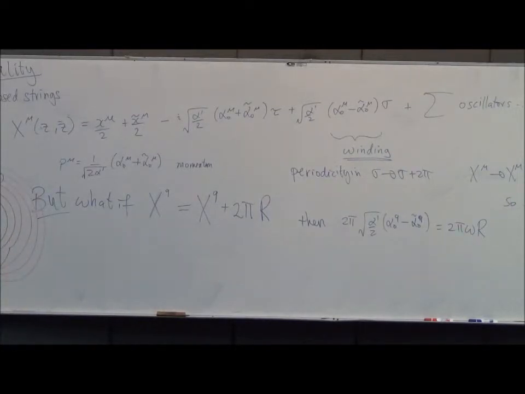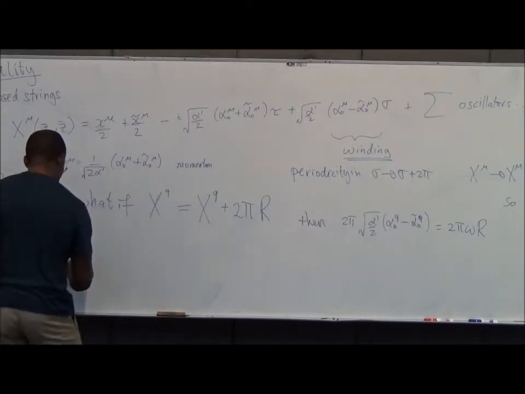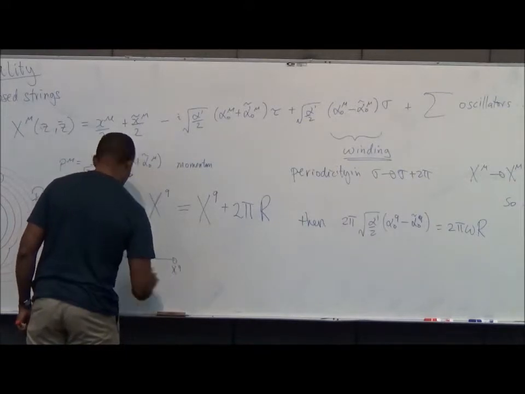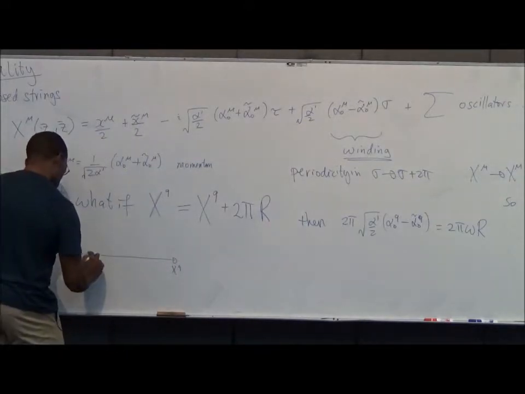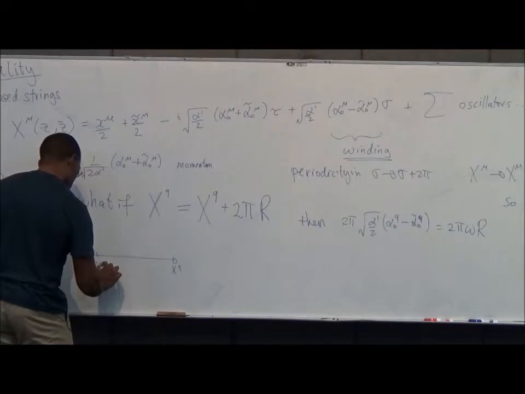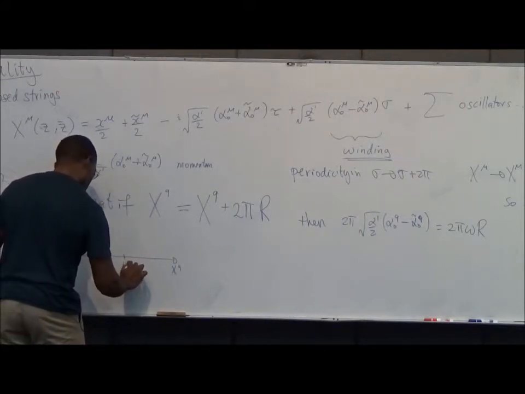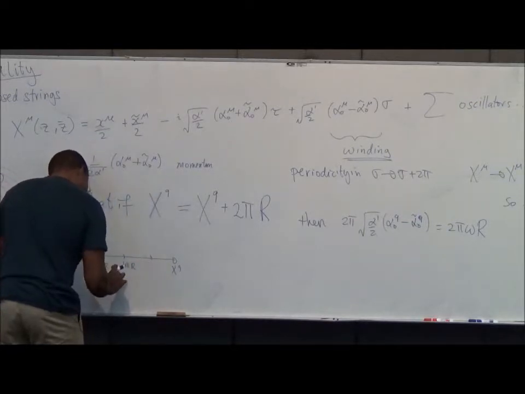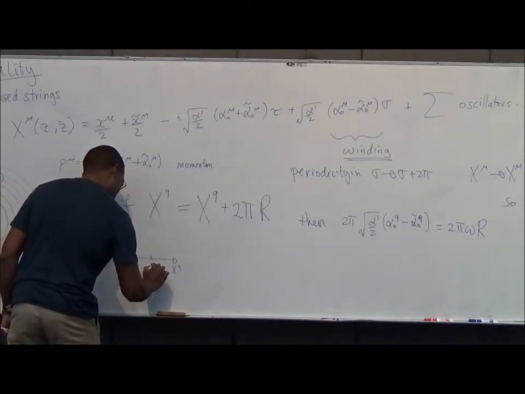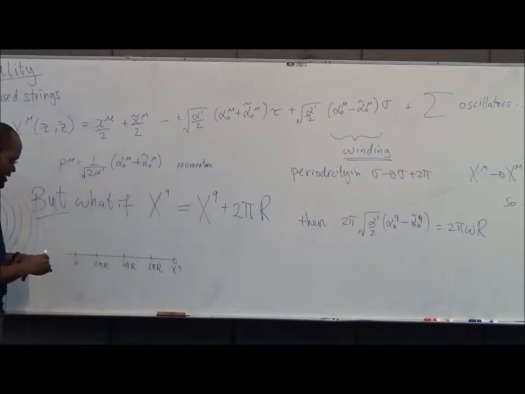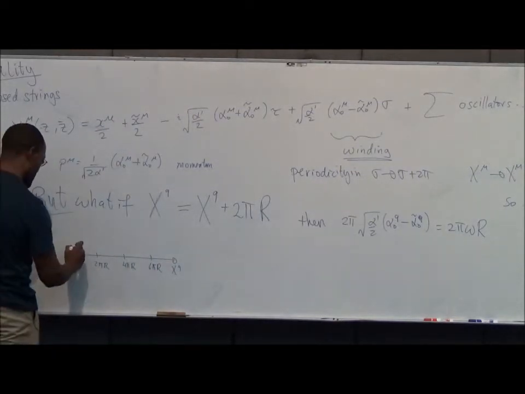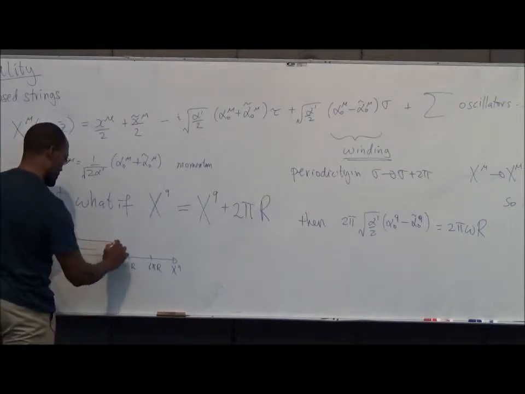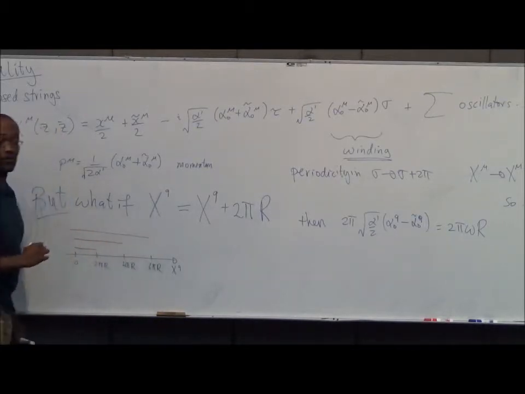So let me draw a better diagram for you. Let me simply draw x9 like that. Make that the origin. This is 2 pi r. This is 4 pi r. I do want it evenly spaced. And then I can simply draw that, or I can draw that, and so on and so forth.